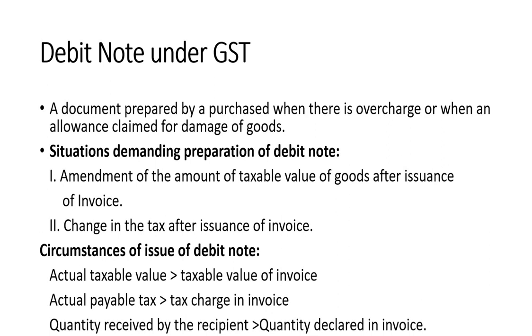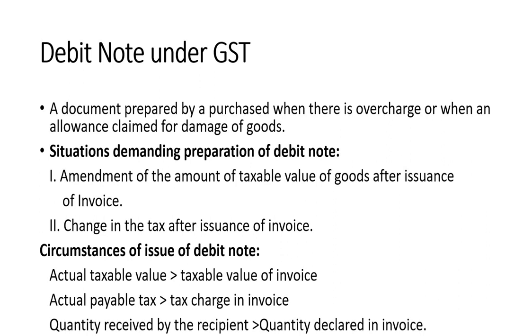Say for example, the actual taxable value is 2 lakhs, whereas the taxable value of the invoice is 1,75,000. In such a case, the debit note will be prepared here. Then, the original tax invoice has been issued and the actual tax is more than the tax charged in the invoice.